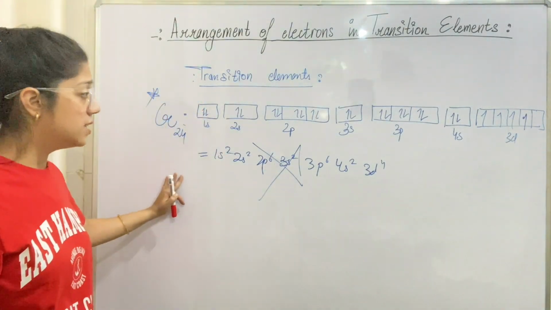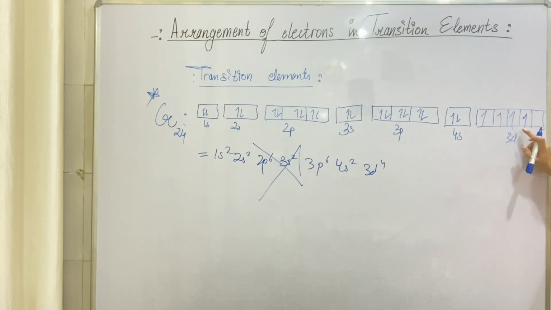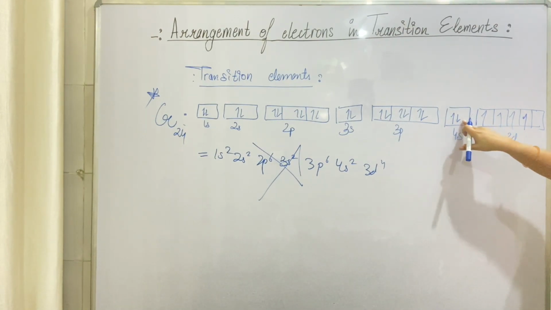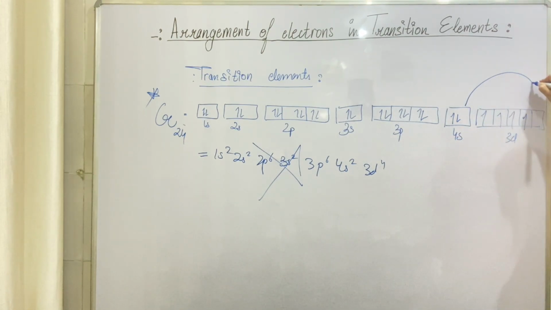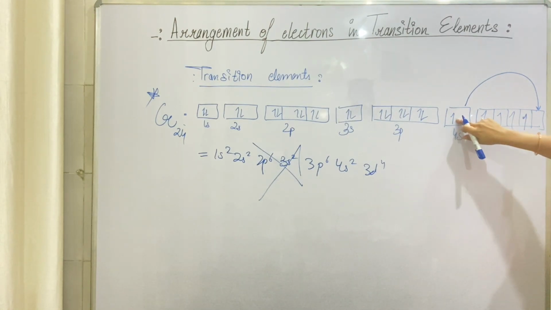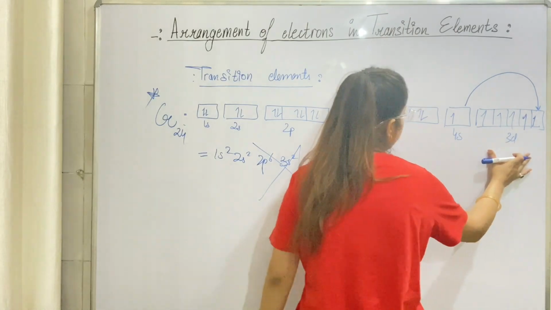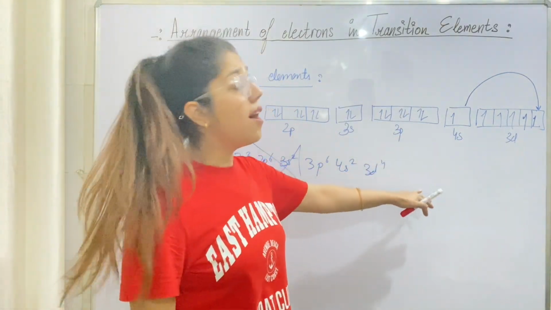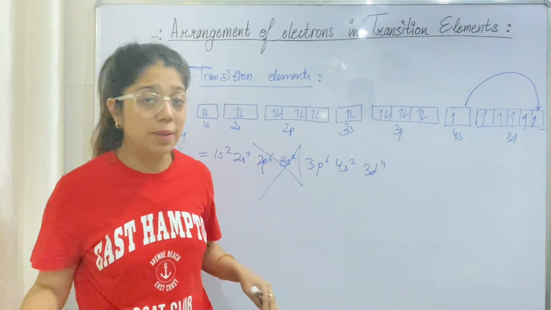What happens in this case is, if we look at the 3d orbital, it has 4 electrons in it, right? Now this electron, instead of going in the 4s orbital, will go to the 3d orbital. Why? Because when the 3d orbital has 5 electrons, it is a half-filled orbital, and half-filled or fully filled orbitals are very, very stable, right?